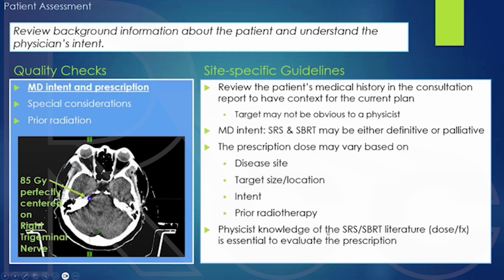The physicist's knowledge of SRS and SBRT literature is so important in order to evaluate the physician's prescription. So you really need to do a literature review by looking at clinical trial protocols, TG 101, HyTEC, and other literature, which we'll touch on more later, in order to evaluate the prescription.